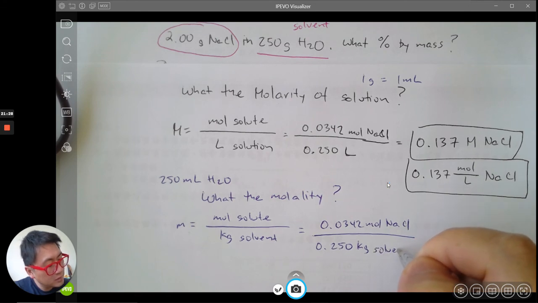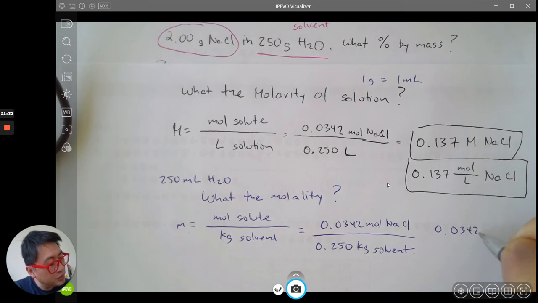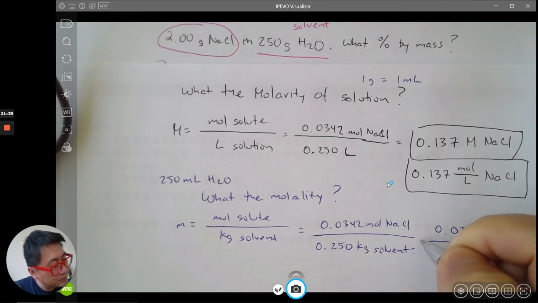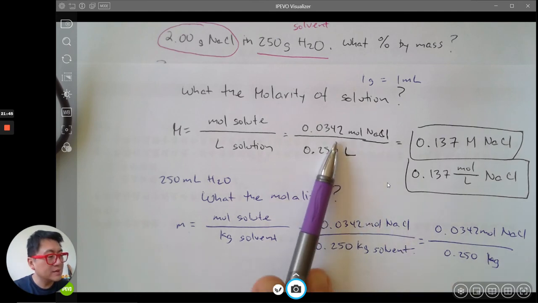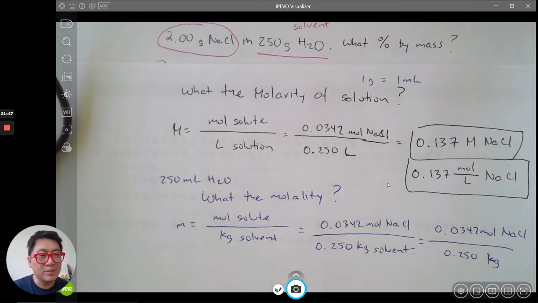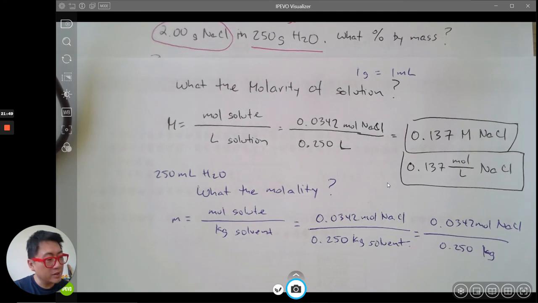So it's 0.0342 moles divided by 0.250 liters. Oh, sorry, kilograms. The reason why is that I was copying that. These are the same numbers, so I don't really need to plug in a calculator. That is 0.137 lowercase m for molality.